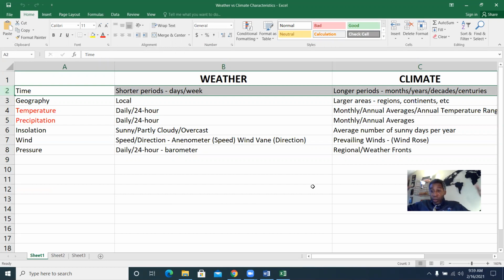What are the average temperatures, precipitation, etc., that we see over longer periods of time? Months, years, decades, in some cases, centuries.